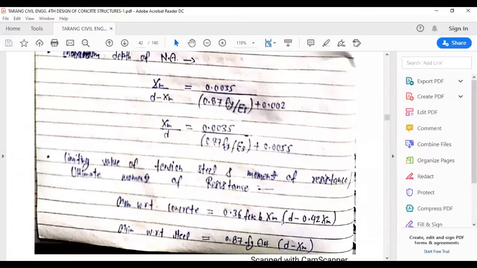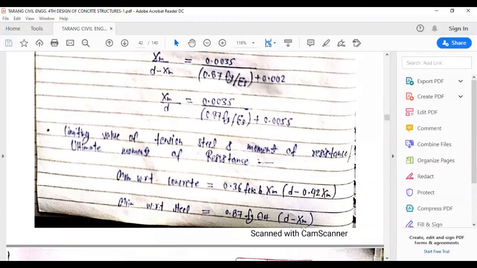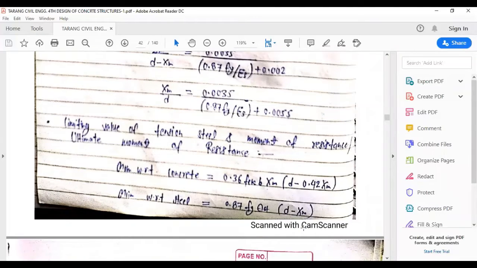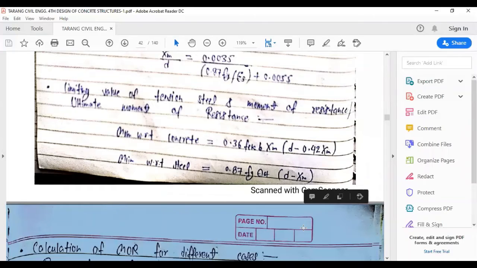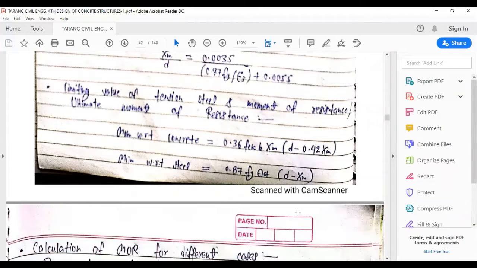So putting the value here, and for limiting moment with respect to steel, we get 0.87 fy Ast into d minus xm. For steel, it is just d minus xm. So these were the calculation of moments.